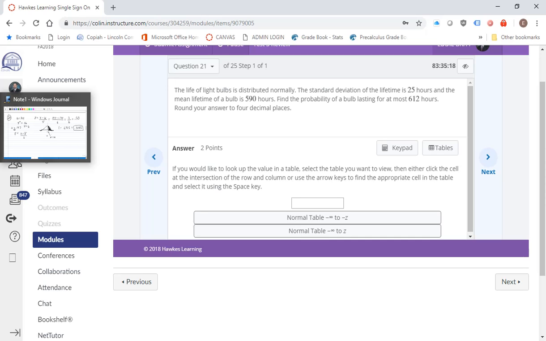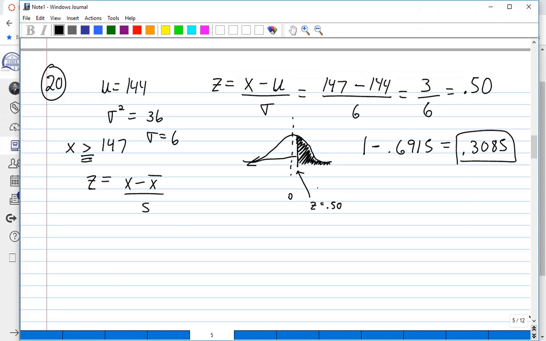At most actually means less than or equal to. So we're trying to find the probability that that light bulb is going to last at most 612 hours. That's very important, because less than tells us to do something just a little different here.